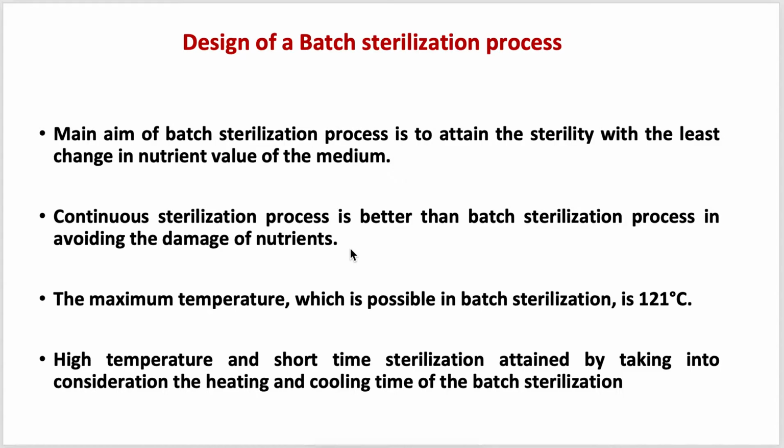Anyway, in the batch sterilization process, the maximum temperature which is possible to use is 121 degrees Celsius. High temperature and short time sterilization is attained by taking into consideration the heating and cooling time of the batch sterilization.